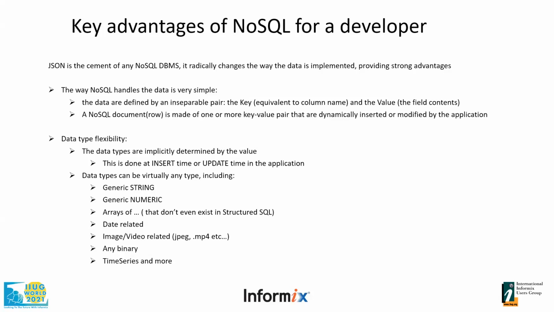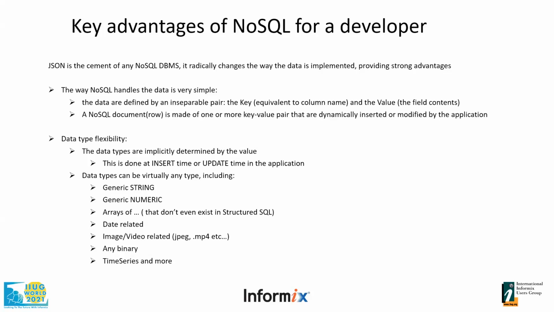So you don't need to perform an alter table to have a different presentation of the data. First. Second, data types can be virtually any type. So it includes many types: strings, numerics, I mean decimal, float or whatever. It will be represented as it is input.